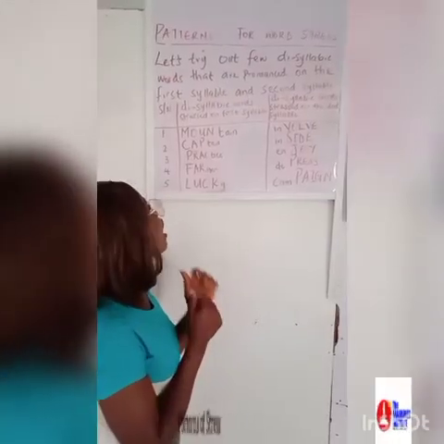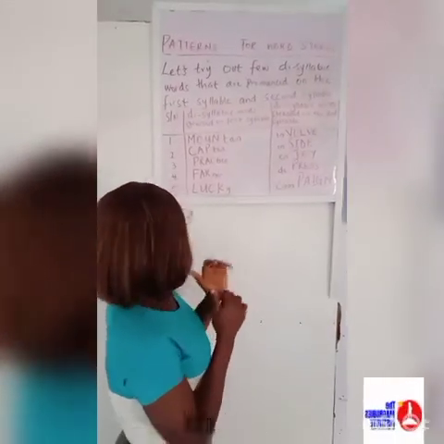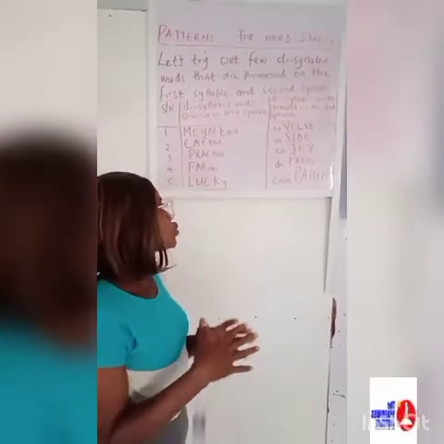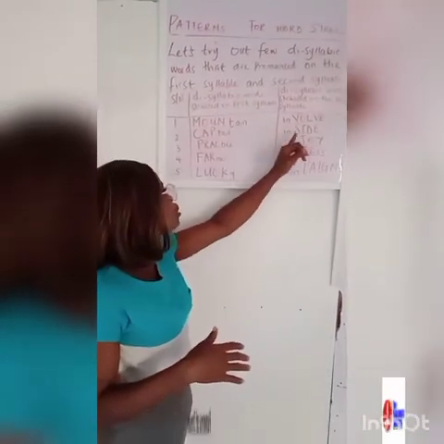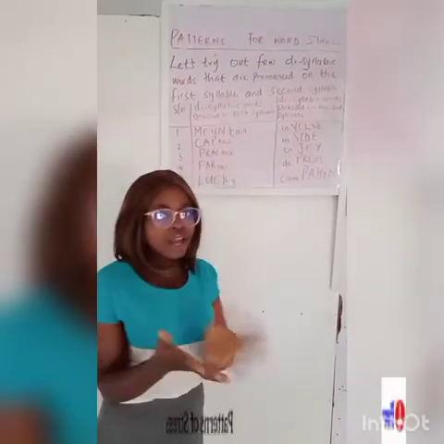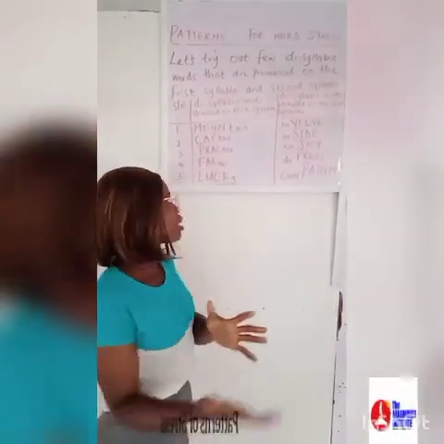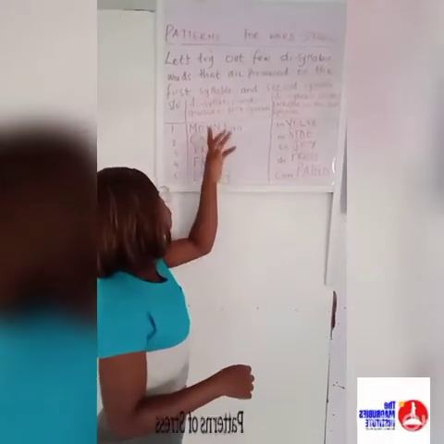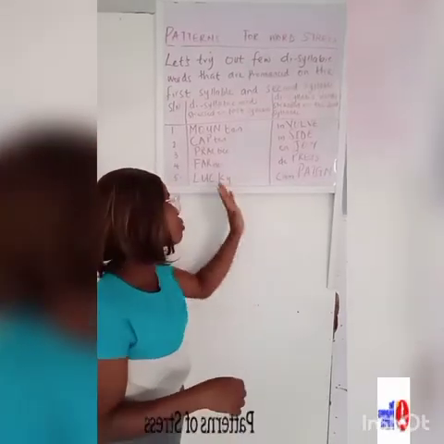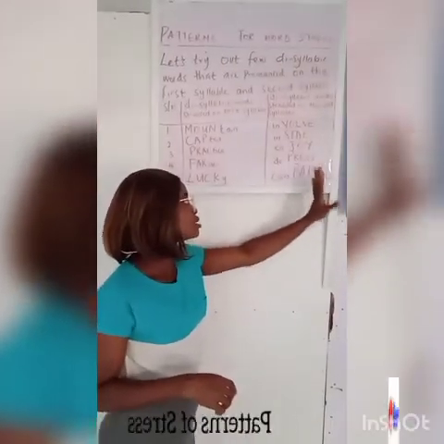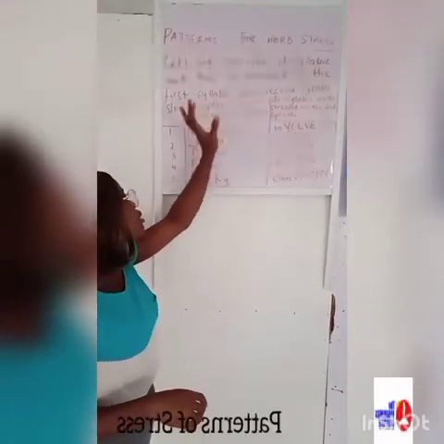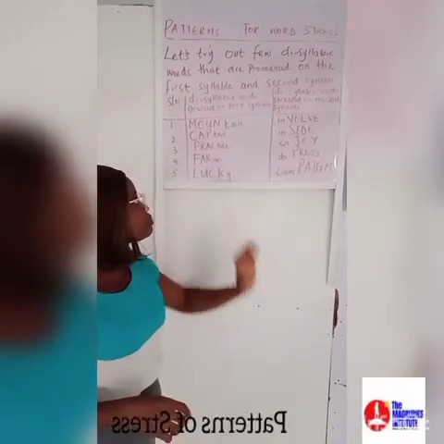Now let's try out a few disyllabic words that are pronounced on the first syllable and second syllable. So you can count the syllables in these words, like we have mountain. You can use claps, mountain. So right there we have two syllables. But the first syllable is stressed in all the first category of words, and the second syllable is stressed in the second category. So here we have disyllabic words stressed on the first syllable.